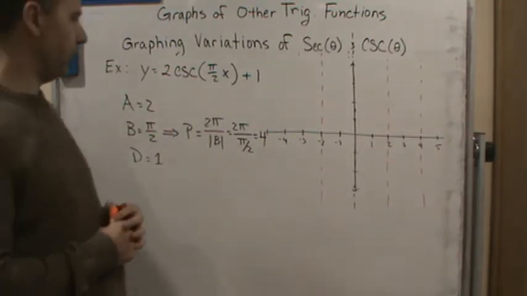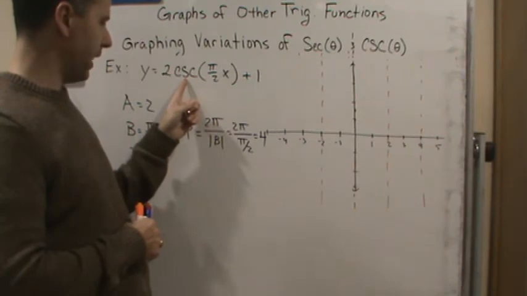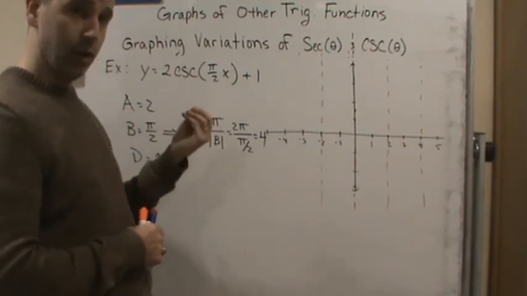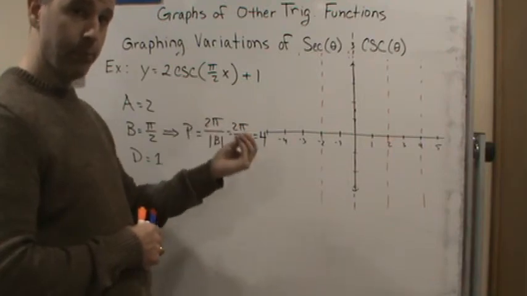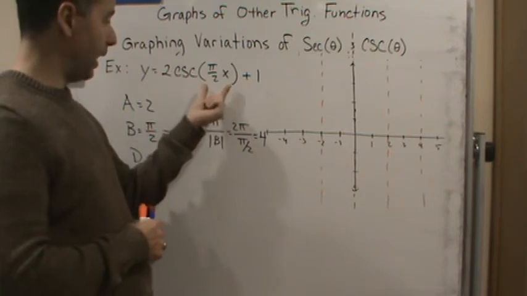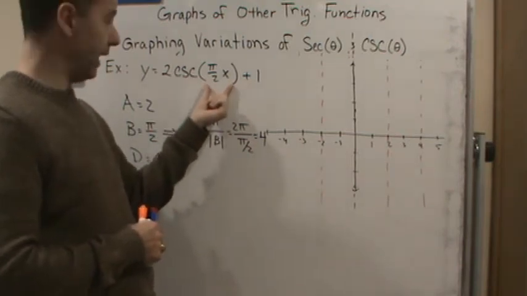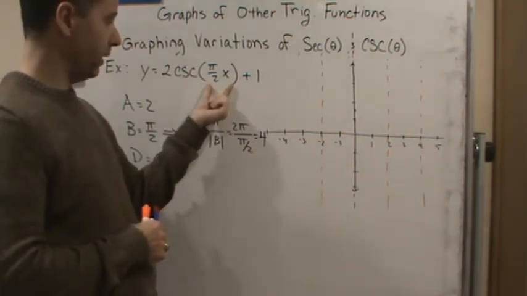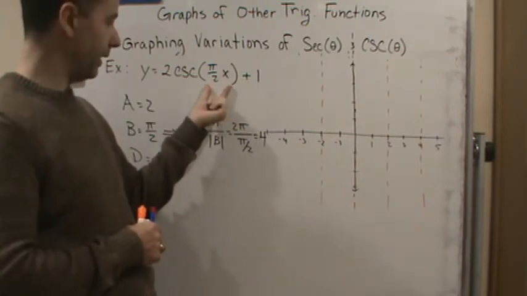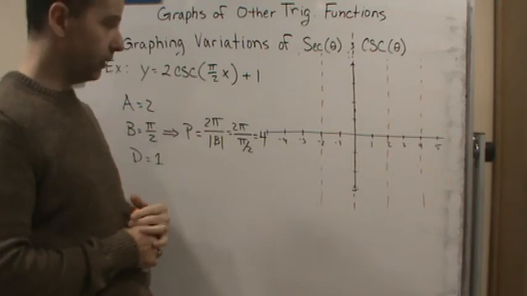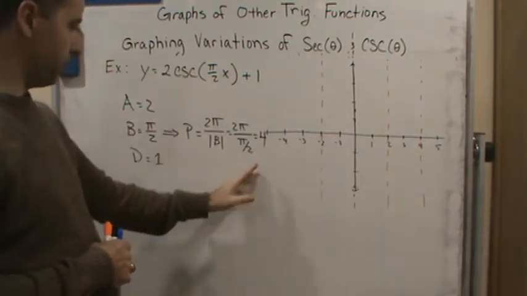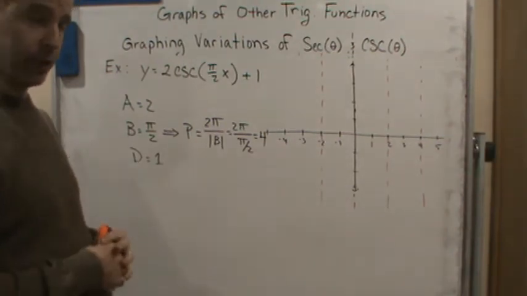So all you have to do is remember, this is the reciprocal, 1 over sine. I know that sine goes to 0 at all multiples of pi. And so that helps me work backwards and say, okay, this is undefined when the argument in here is a multiple of pi. And then I just work backwards. And again, you only have to get the first one or the second one or use the period and then figure out the pattern, and you're done.